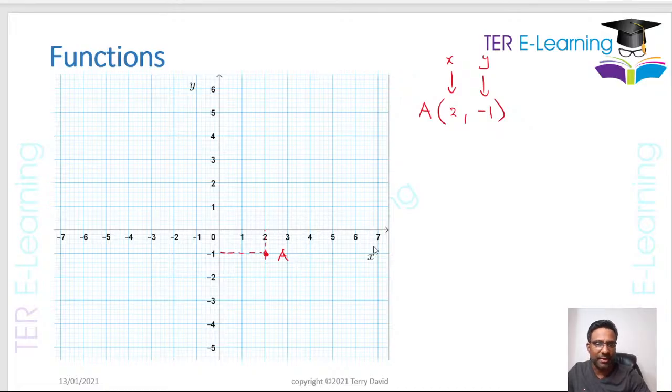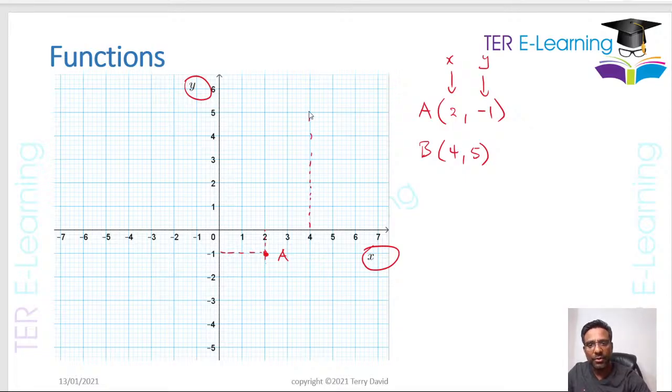Make sure you understand that on a graph, you have two axes. You have your x-axis, which is your horizontal axis, and your y-axis, which is your vertical axis. So if I were to tell you to plot the point B, which is, let's say, 4, 5, it means my x coordinate is 4, so you're going to go up here, and my y coordinate is 5.